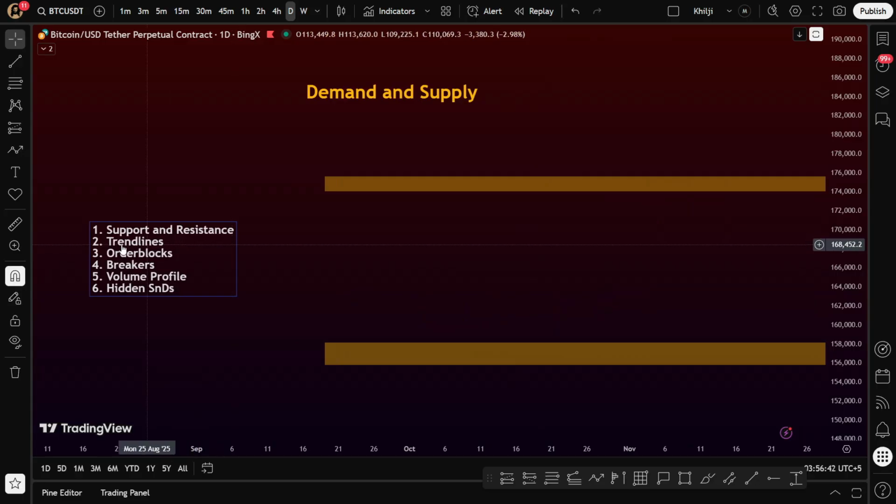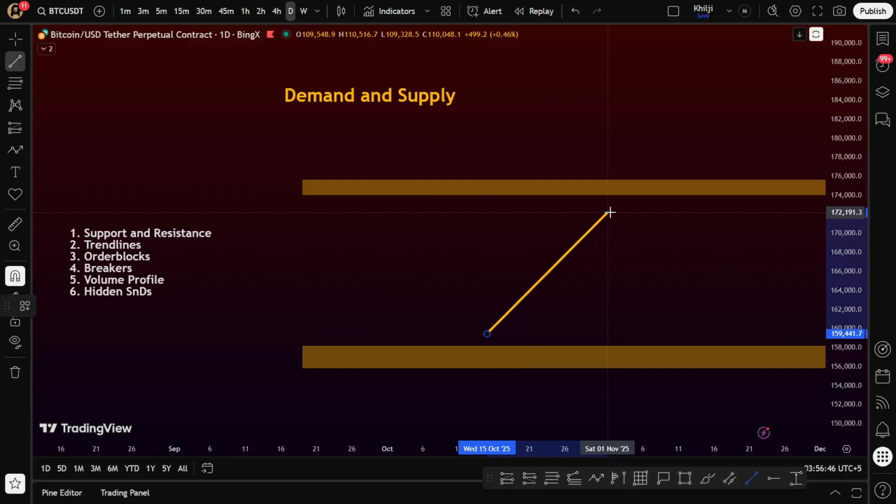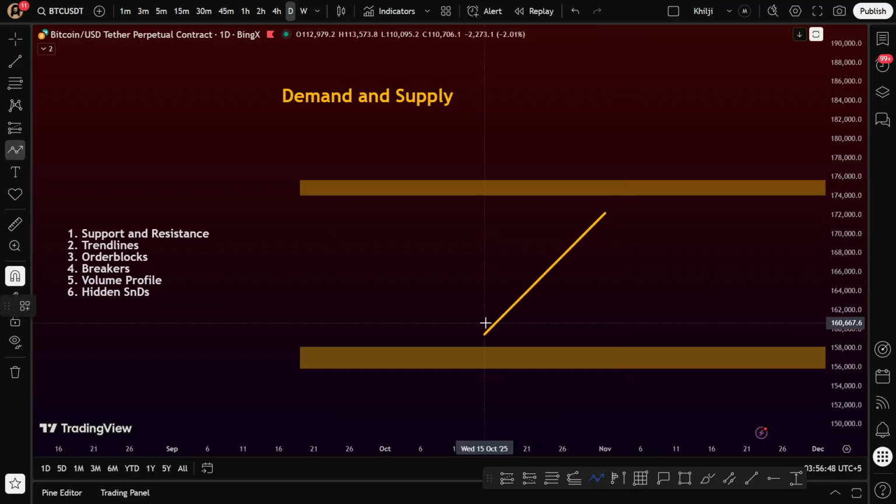The second is trend lines. So you know how we have trend lines, right? Let's just say we had a trend line and we have been holding support over here. Support as in price is continuously bouncing up from these trend lines.